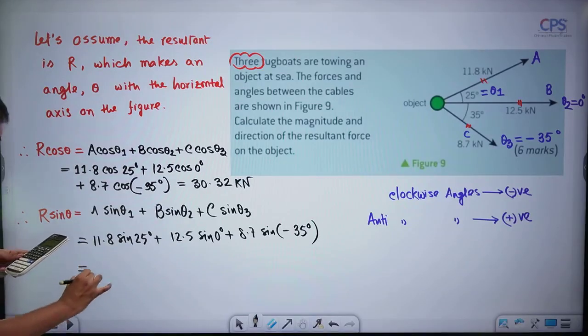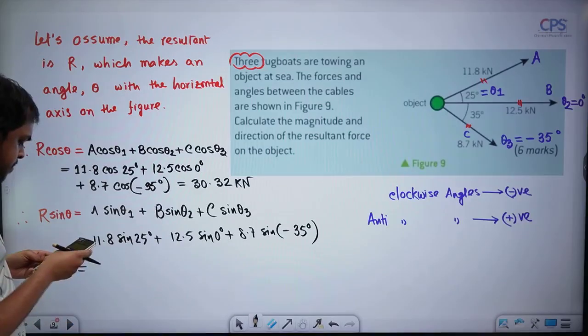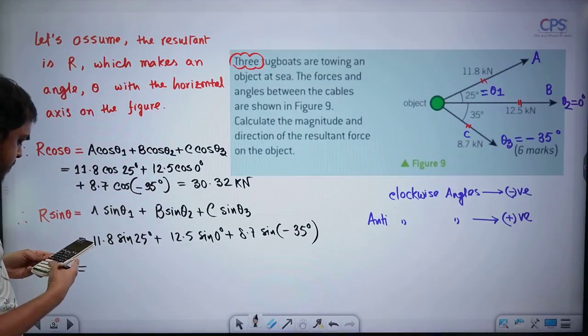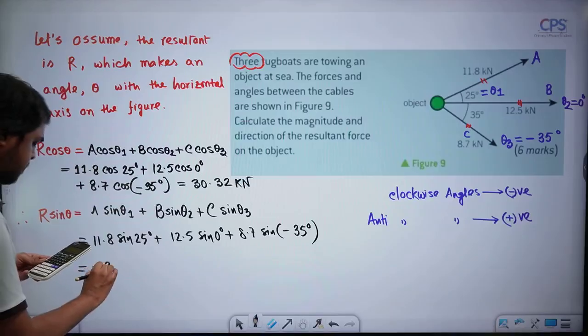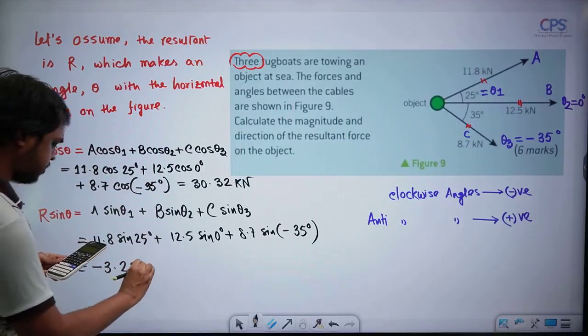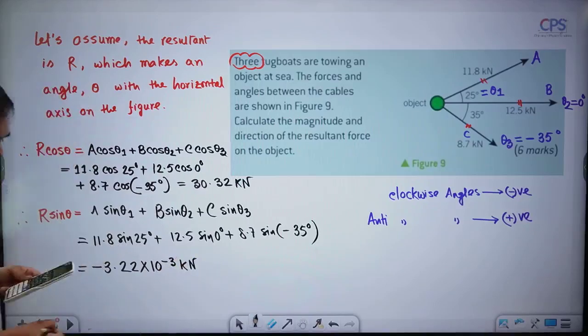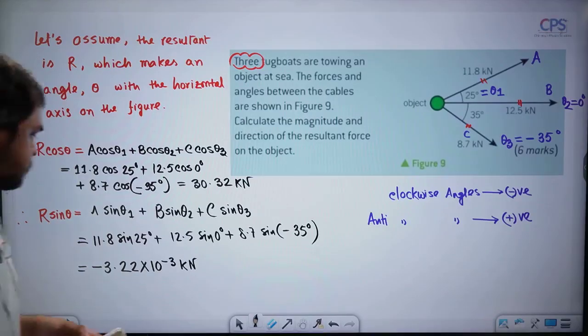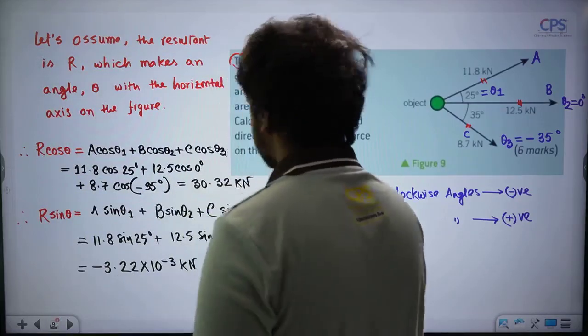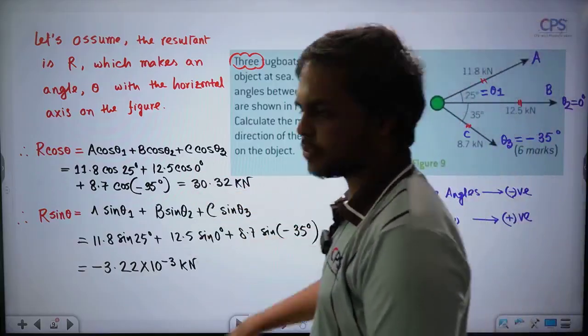It will be minus 3.22 into 10 to the power minus 3 kilonewtons only. So it will be very much less here. Okay. Let me check this calculation. Yeah. Okay. So this will be minus and this will be plus.